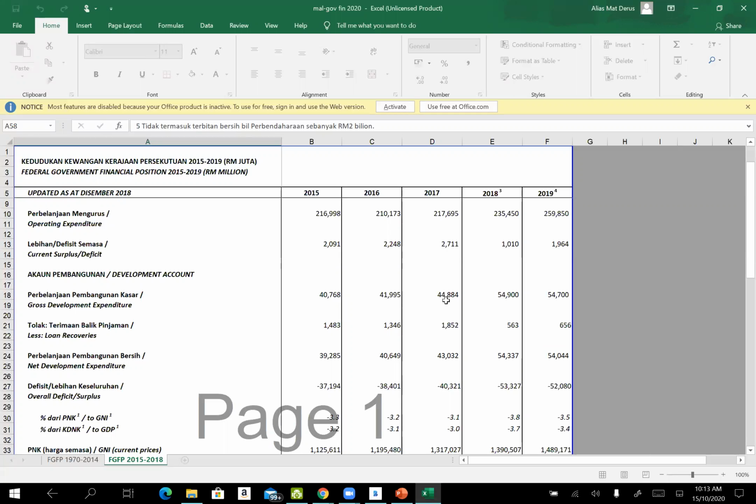So for 2017, it's 44.9 billion. For 2018, it's 54.9 billion. Now you look at the operating expenditure: 217 billion, and 235.5 billion for 2018.